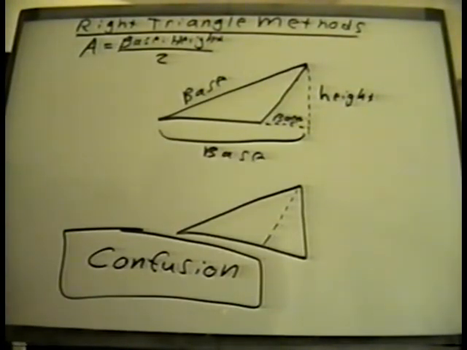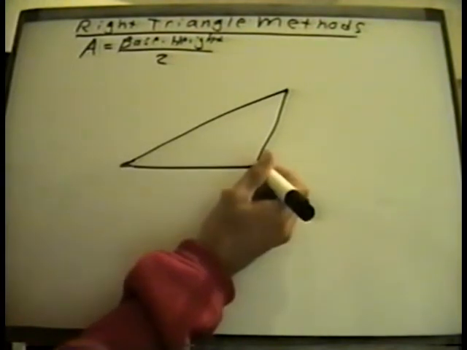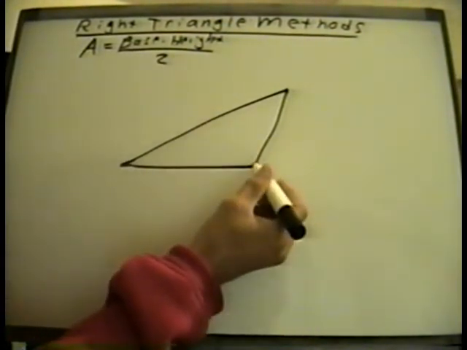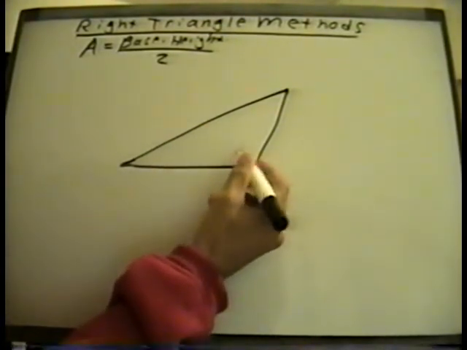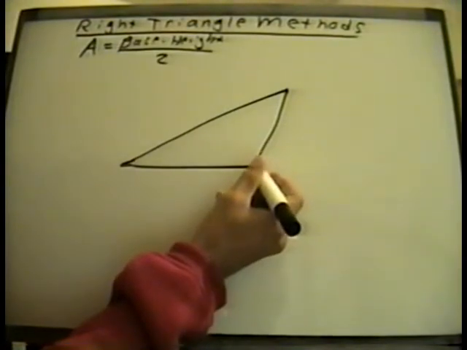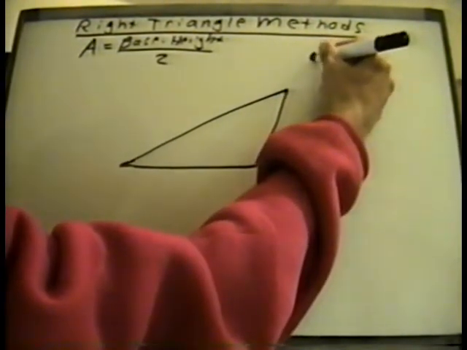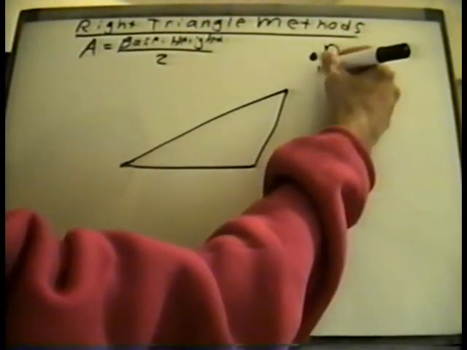So I like to teach a different method, and I use a different method. A right triangle method. Okay? In this case, what I do is we turn it into 2. You go towards the widest angle. This here is the widest angle, okay? So you start from the widest angle.